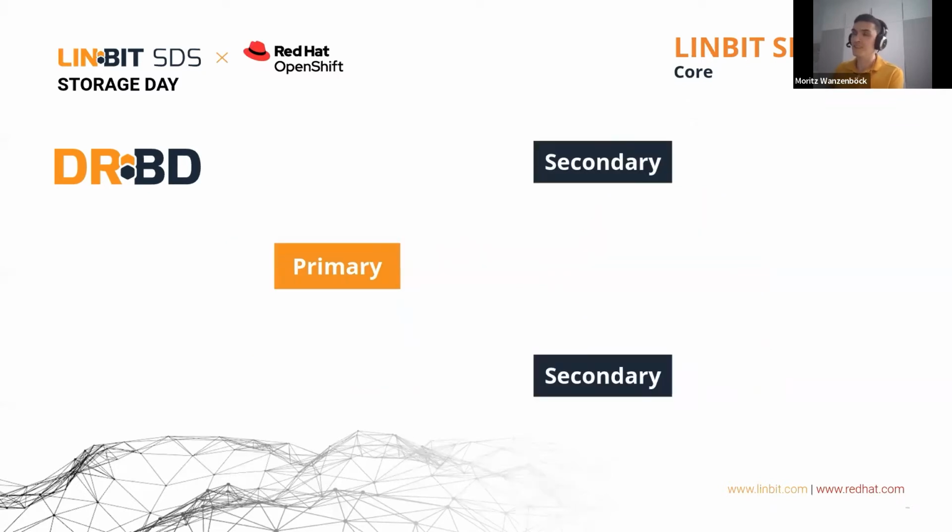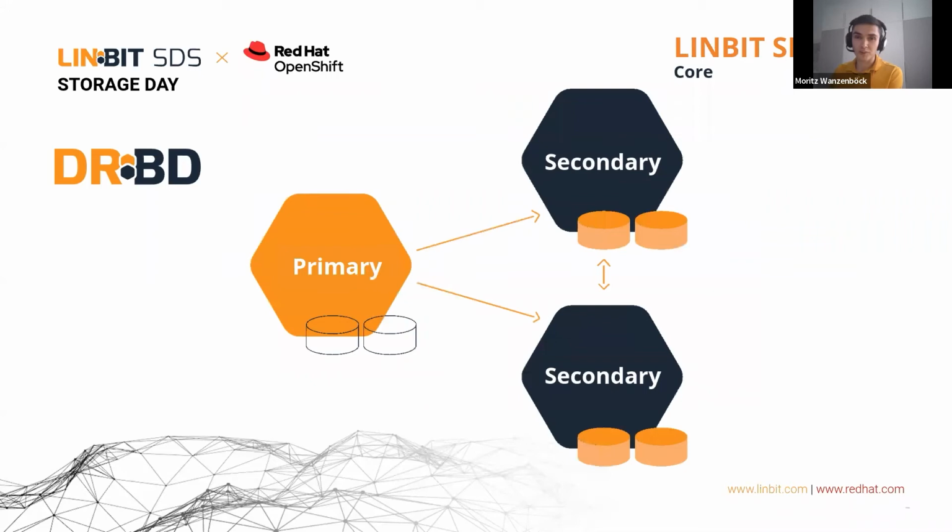For example, you could have your DRBD device on a node which doesn't even have any local storage, and it just connects over the network to 2 other nodes, 3 other nodes, 4 other nodes, and reads and writes data from those nodes, and those nodes also replicate internally if that's required. So you have your data replicated across many different nodes, and if one node fails, then you can still have the data available on the other nodes.